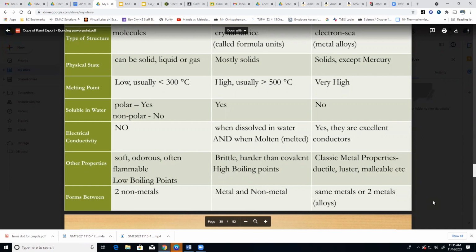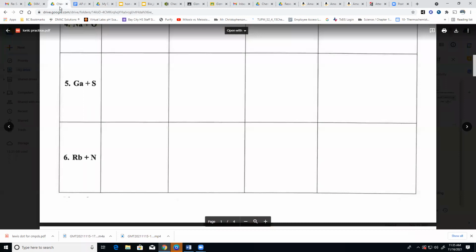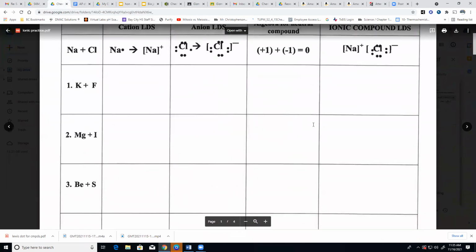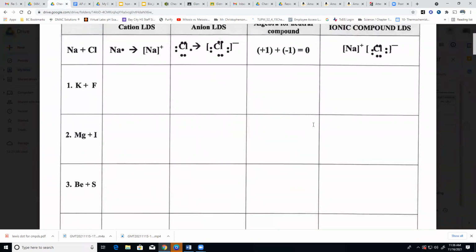All right, if you'll pull your practice out, we're going to do examples like we did yesterday. Let's start with a couple of them.